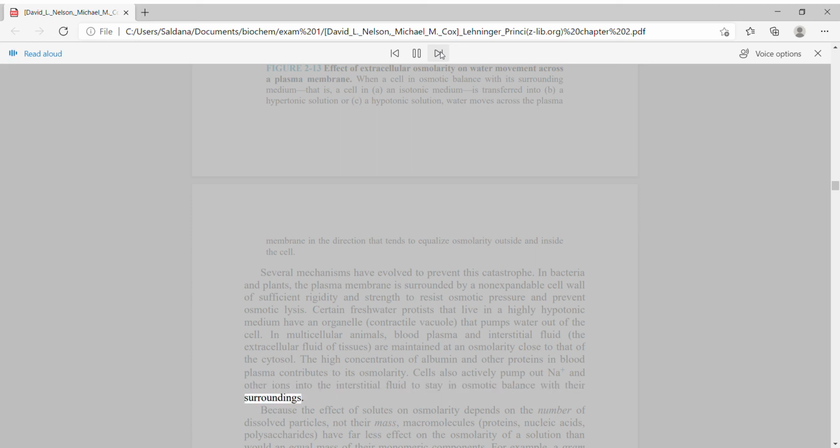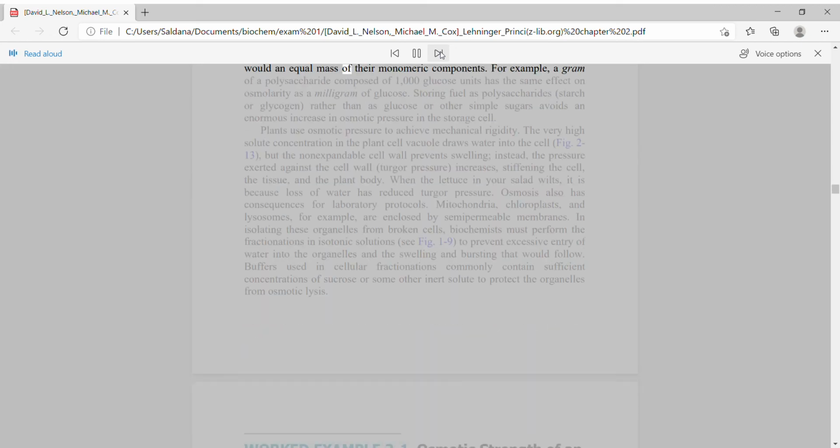Because the effect of solutes on osmolarity depends on the number of dissolved particles, not their mass, macromolecules (proteins, nucleic acids, polysaccharides) have far less effect on the osmolarity of a solution than would an equal mass of their monomeric components.